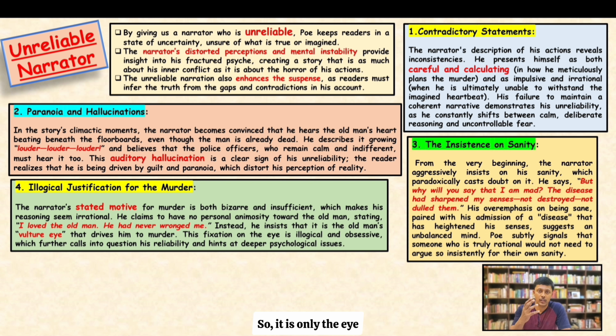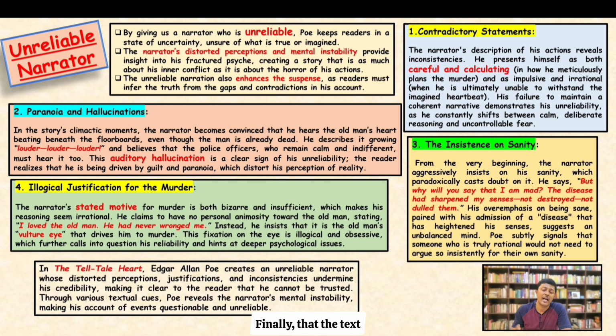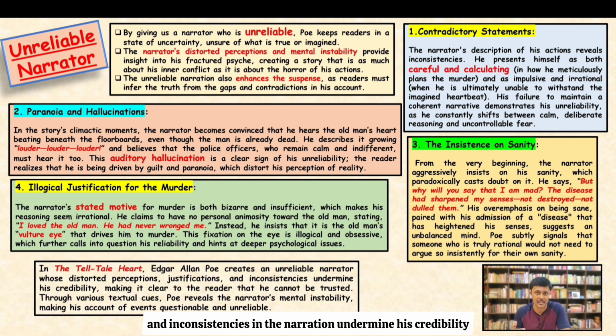It is only the eye that gives him enough reason to kill the old man. This fixation on the eye is illogical and obsessive, which further calls into question his reliability and hints at deeper psychological areas. Finally, the text creates an unreliable narrator whose distorted perceptions, justifications, and inconsistencies in the narration undermine his credibility, making it clear to the reader that he cannot be trusted.